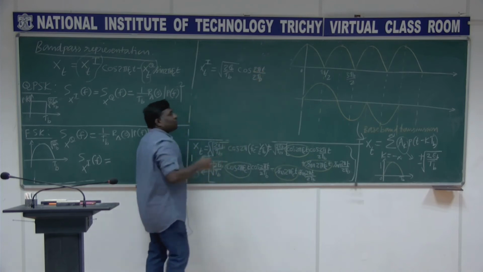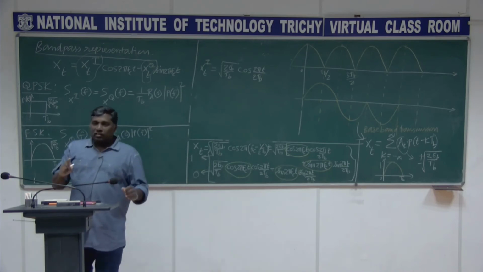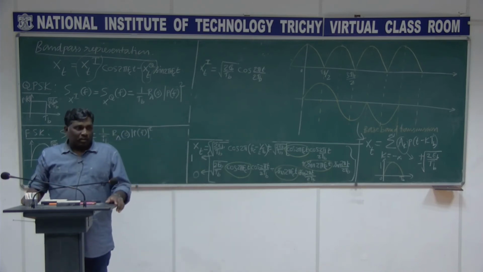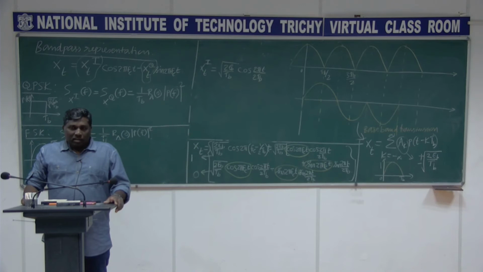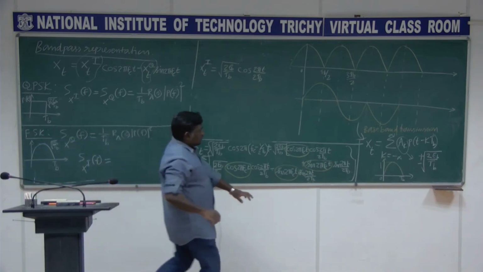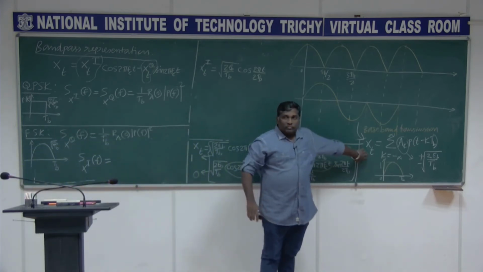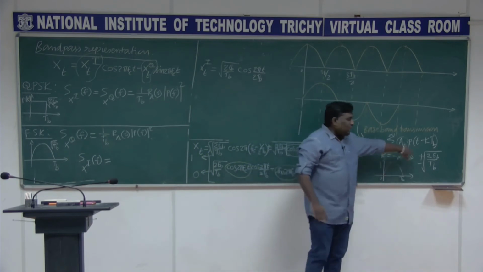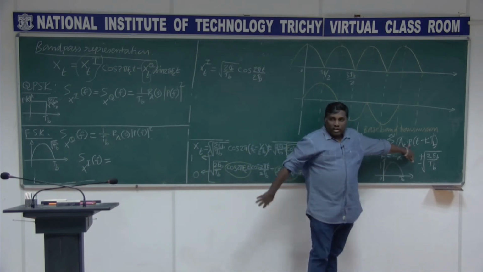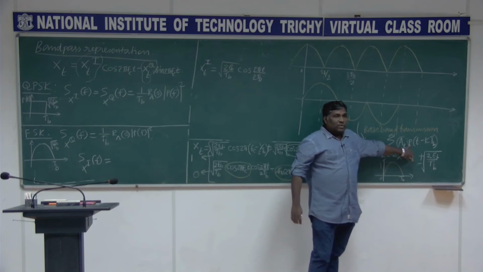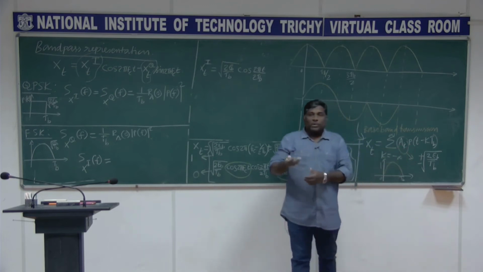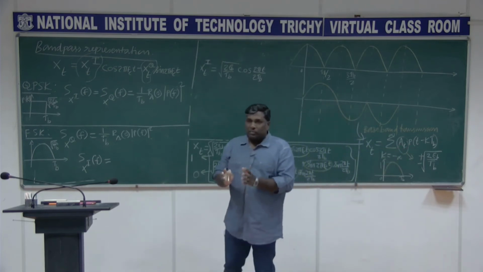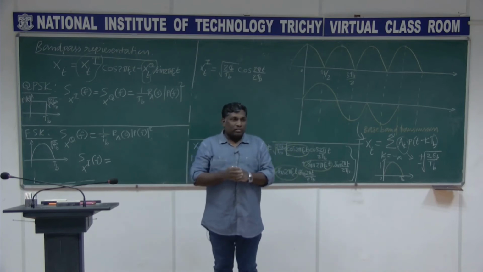You have to be careful while writing XTQ, the quadrature component. I have to write it in this form by defining P for FSK, because your AK takes either plus or minus 1, and you have a specific pulse for it.